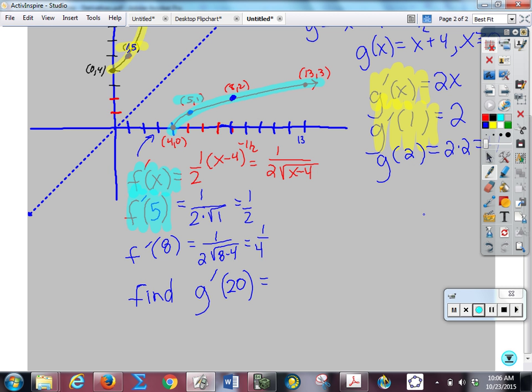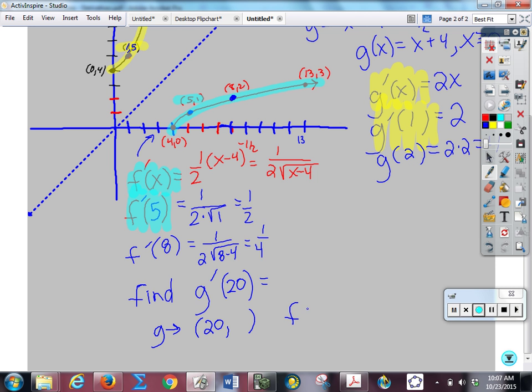Let's say I only had this f function, and I knew that f of x and g of x were inverses. So for g of 20, I know that 20 is the x coordinate, but I don't know what the y coordinate is yet. I could plug it in to find it, but I don't know what g is. And for f, all I know is that the y coordinate is 20.